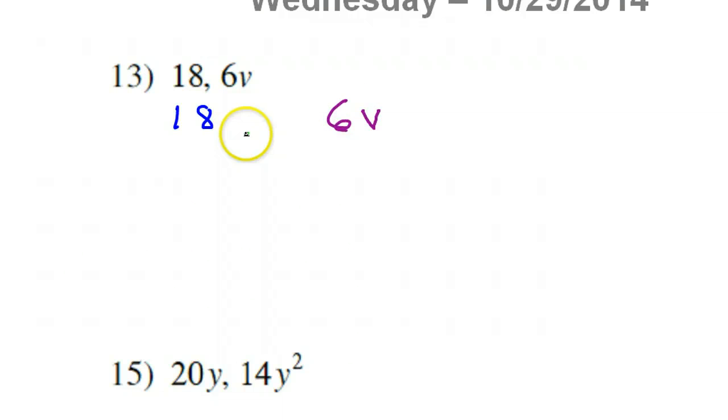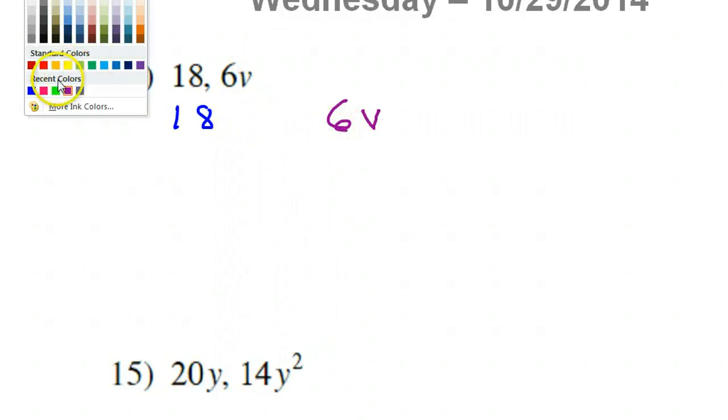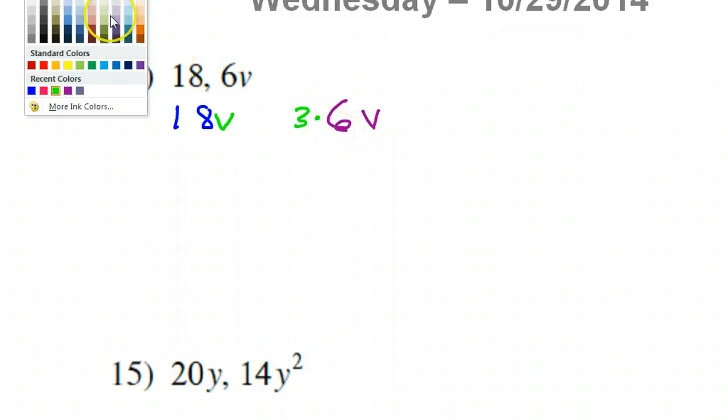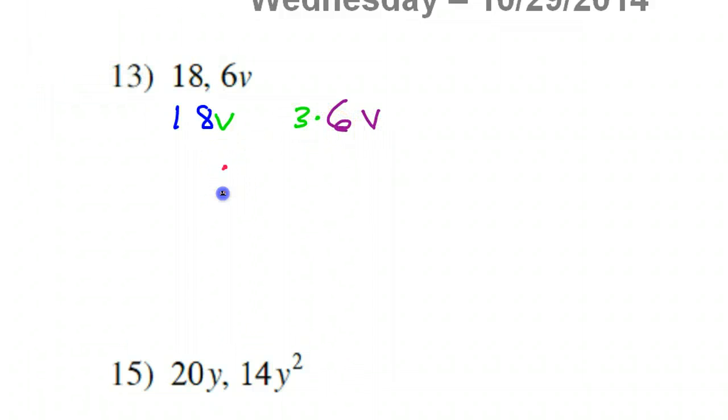When the numbers are this small, you really can just do it in your head, because you can look at it and go, well, I can turn 6 into 18 by multiplying by 3. That'll make those the same. Now this one has a v and this one doesn't, so I can multiply this by v. Now they're both 18v. So the least common multiple would be 18v.